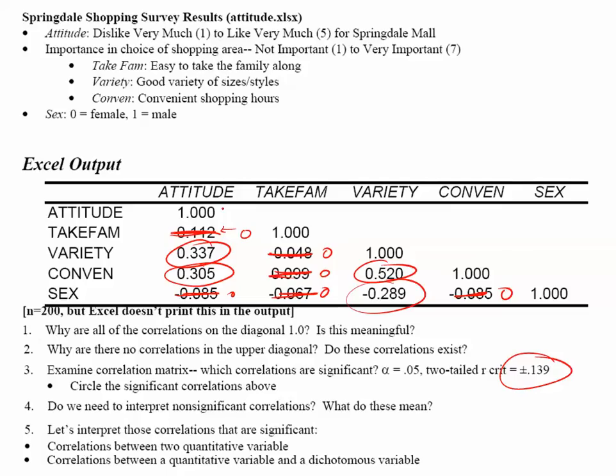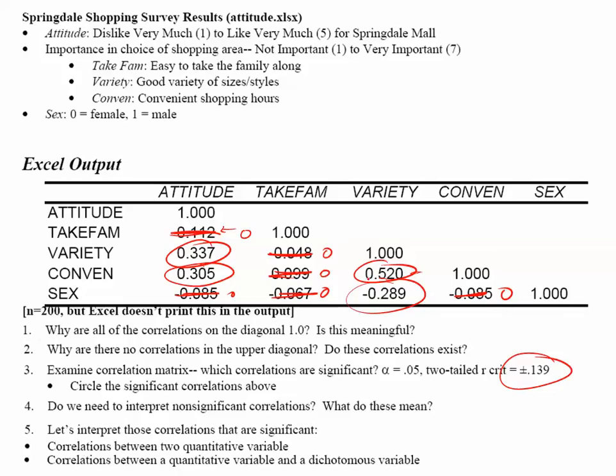Both males as well as females might be equally satisfied or unsatisfied with the mall. We find that variety is correlated with convenience. So it seems like these two ideas of convenience and variety kind of go hand in hand, that the shopper really doesn't differentiate between variety and convenience.